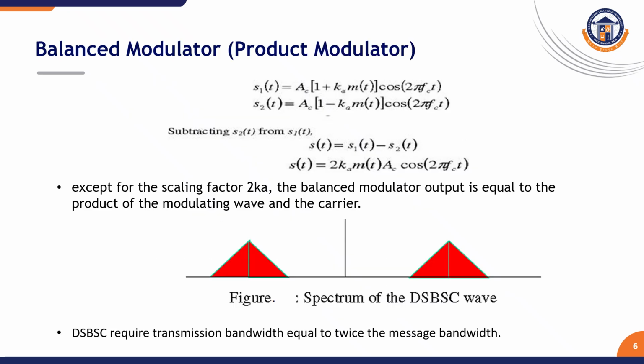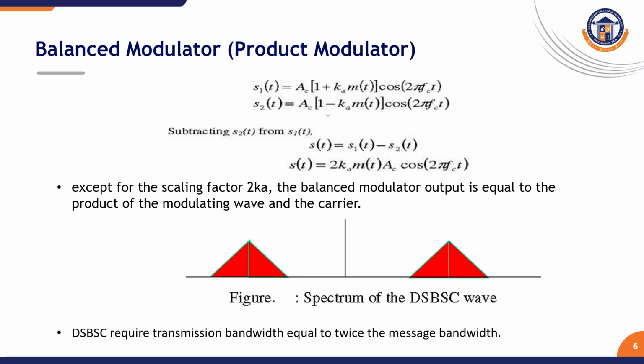Now let me see the expressions for the previous block diagram, s1 of t and s2 of t. So s1 of t is Ac into 1 plus Ka m of t into cos of 2 pi fct, just by multiplying the message signal along with the carrier signal, taking Ac outside. What is Ka? The modulation index.